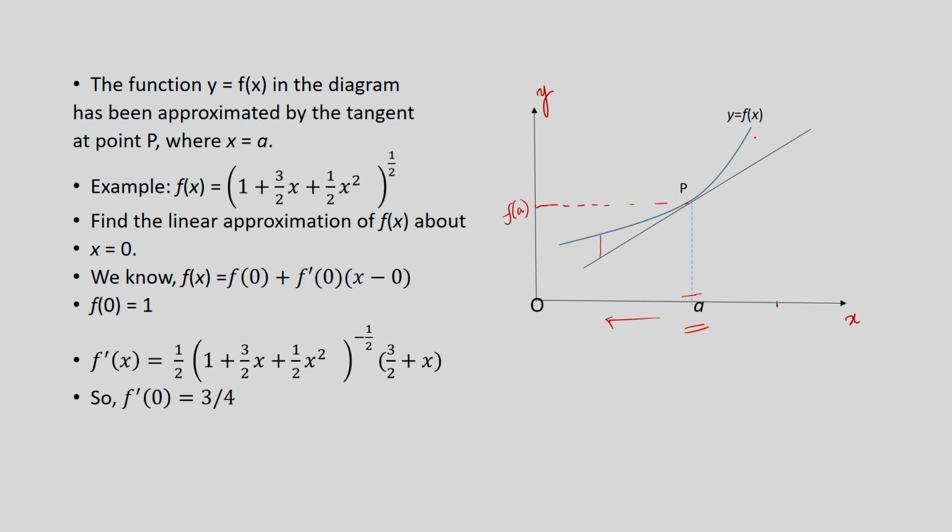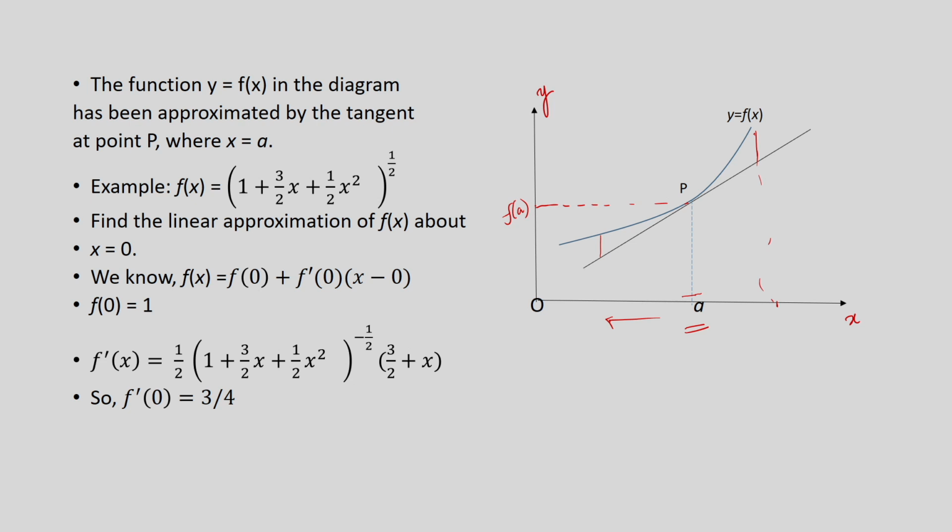So, if you are taking a point here, the gap will be too much. That is why if you are in the neighborhood of x is equal to a, then this approximation is valid, but if you are far away from this point A, then this approximation cannot be valid. Okay. So, that is the geometry of it.